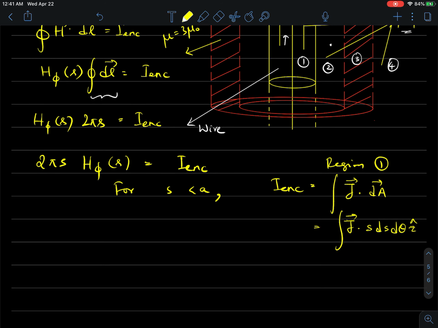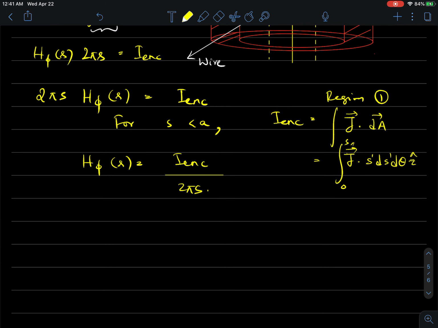Integrating from 0 to s, using s dash as the dummy variable, the current is directly dependent on the value of s. So H phi of s is equal to I enclosed divided by 2 pi s. Now find out what this value is.